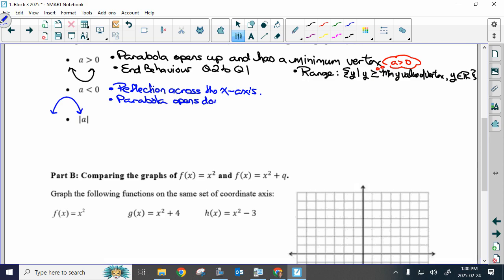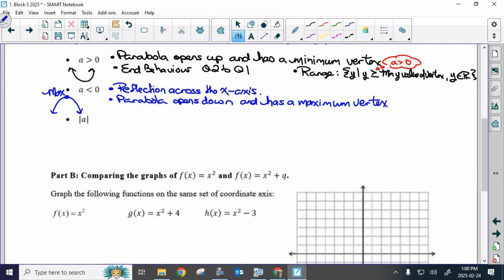opens down, and if it opens down, the vertex is going to be a maximum. So it opens down and has a maximum vertex. Next year, we're going to describe it as Q3 to Q4.